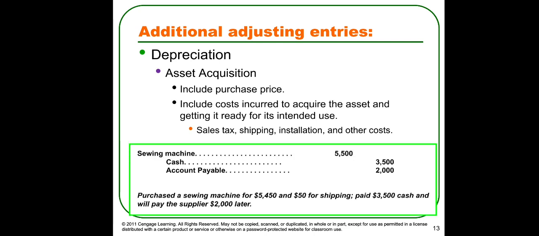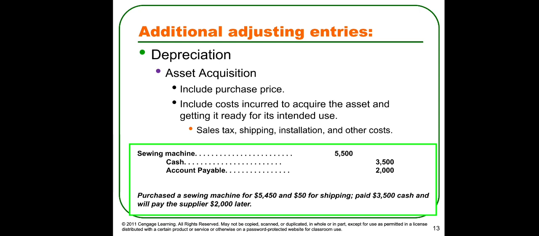Okay, see here, this is an example. Let's say in the green box, see the detail about the journal entry. Purchase a sewing machine for $5,450 and $50 for shipping or delivery. Paid $3,500 cash and will pay the supplier $2,000 later.